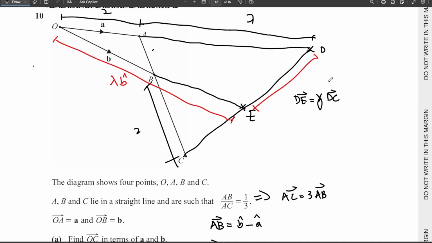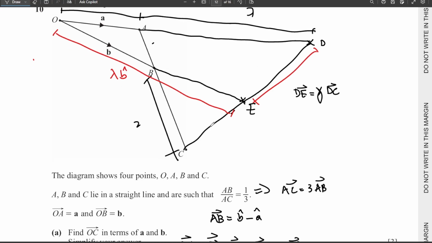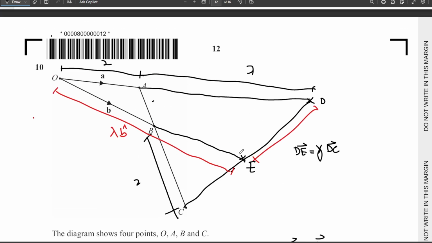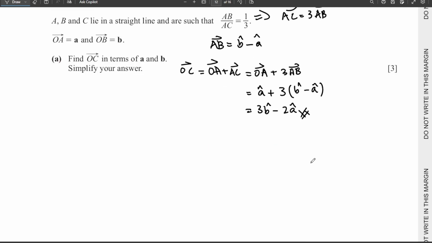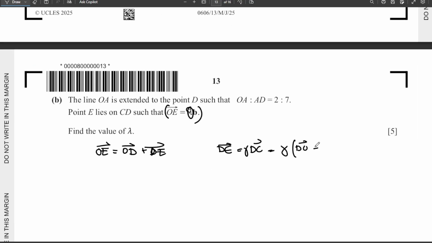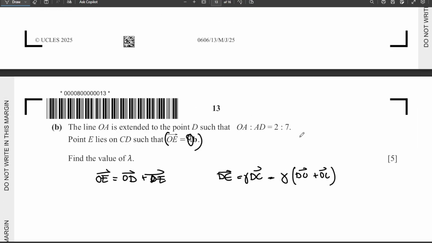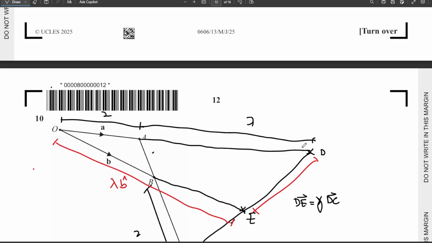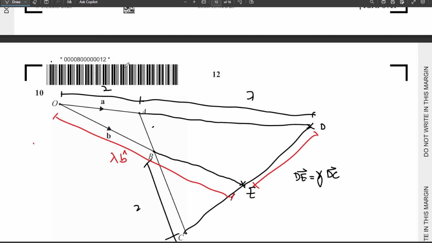So we want to find DC now. For DC, we can go from D to O and then O to C. We know OC, but DO we don't know. Let me write it down also: DO plus OC. For DO we can use this ratio. Here is A, and that's 2, and here is 7.